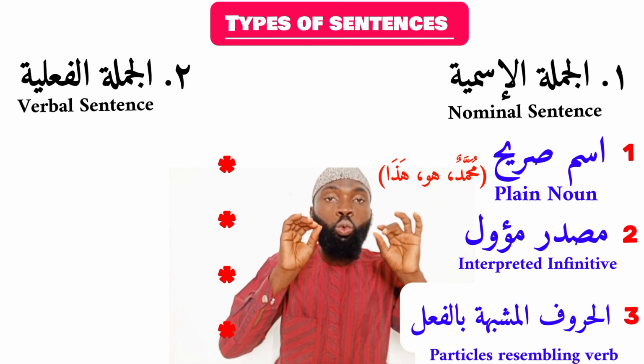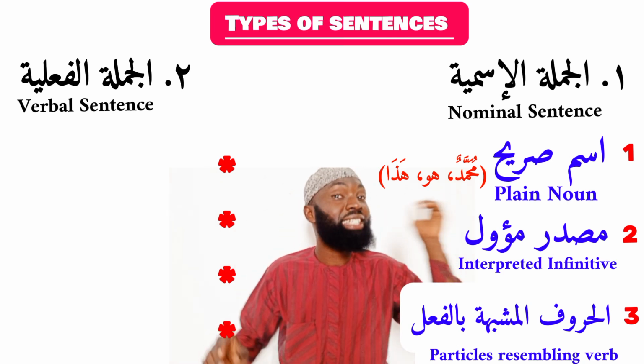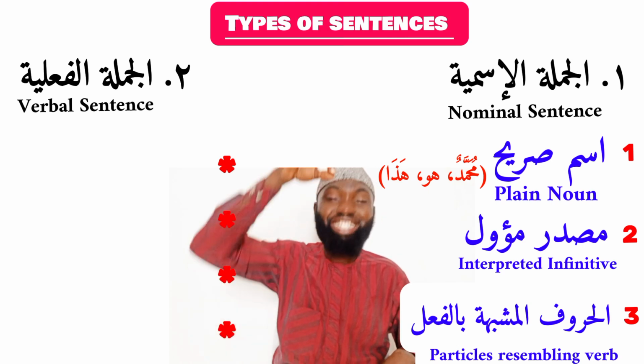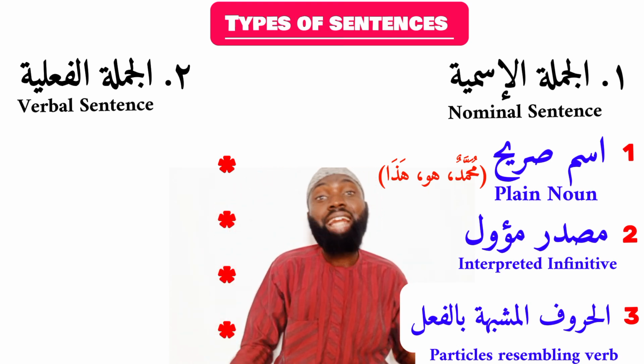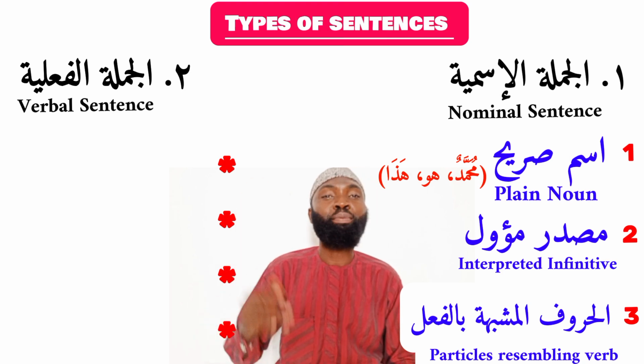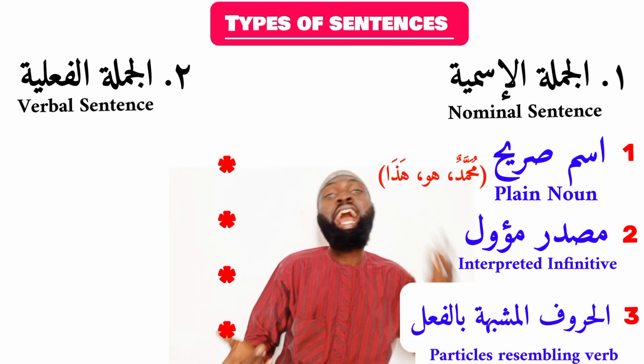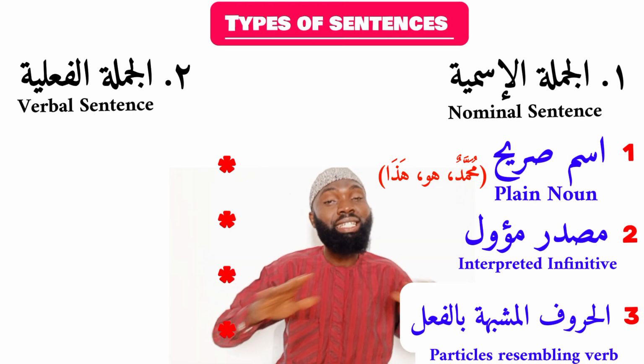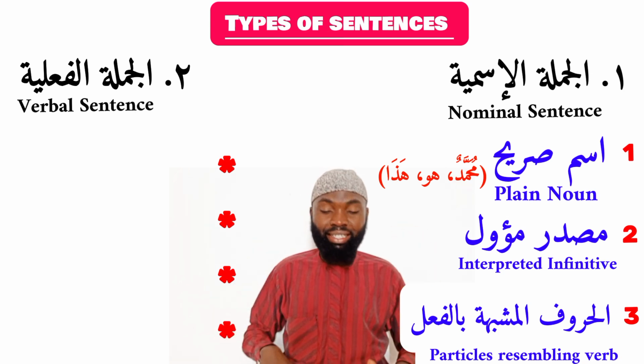So whenever they begin a sentence, those sentences are also termed nominal sentences. An example is when I say inna allaha ghafurun rahim. Inna is the particle there and it is beginning the sentence, so that is termed a nominal sentence.